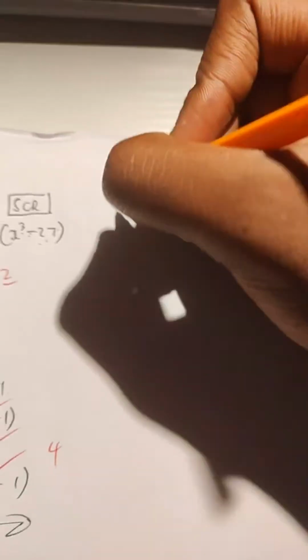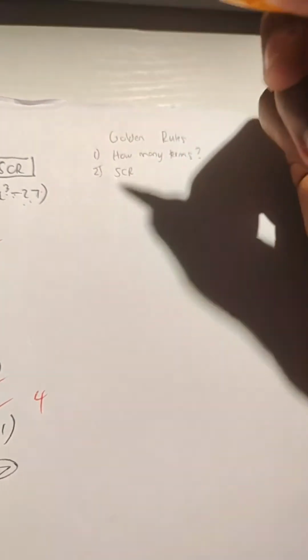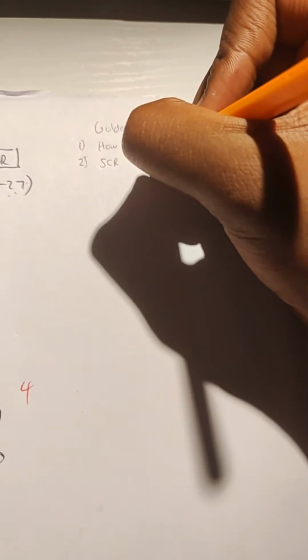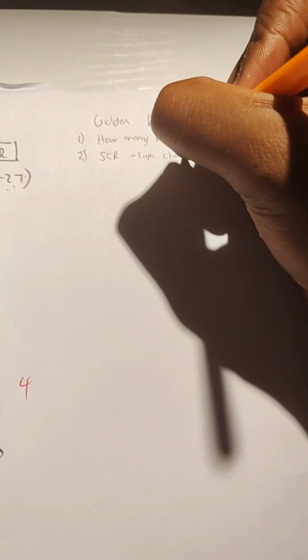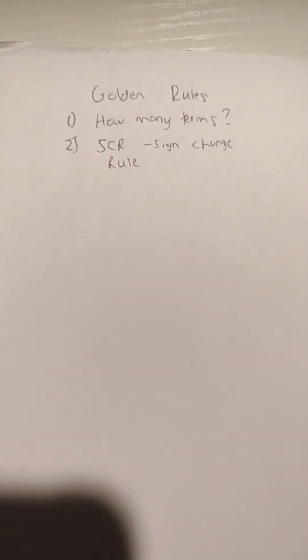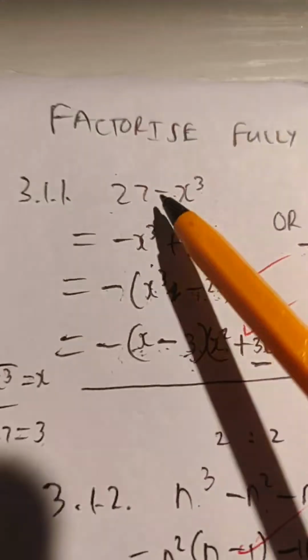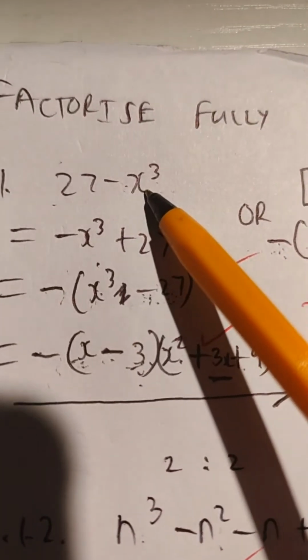Two, the second question you need to ask yourself is, should we apply what we call the sign change rule? And guys, the sign change rule is applied whenever you can see that, for instance, you see this 27 minus x cubed.